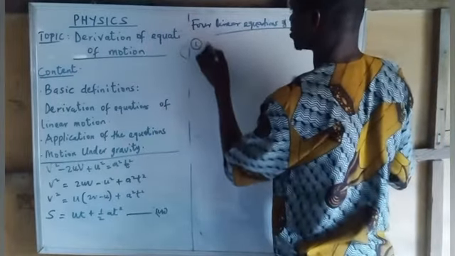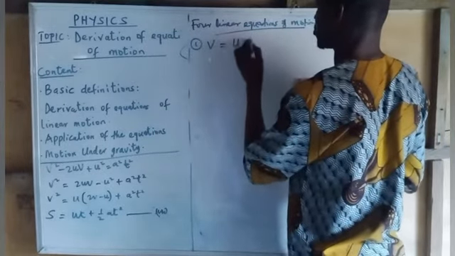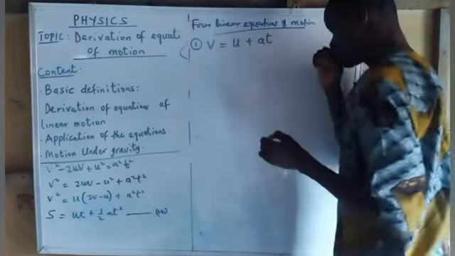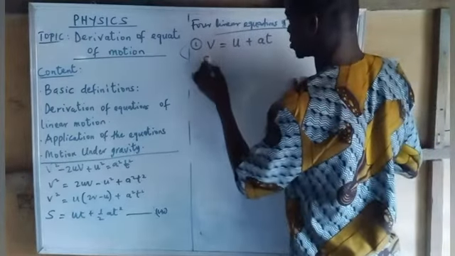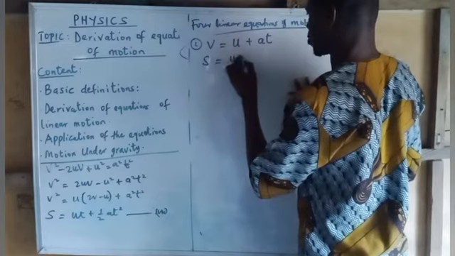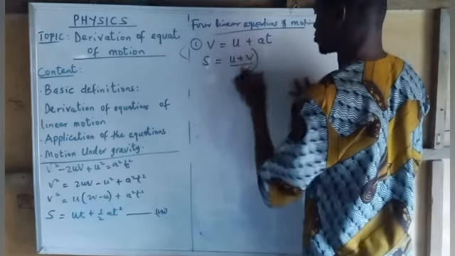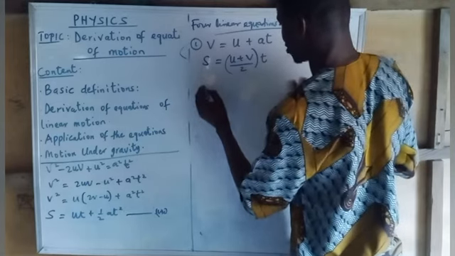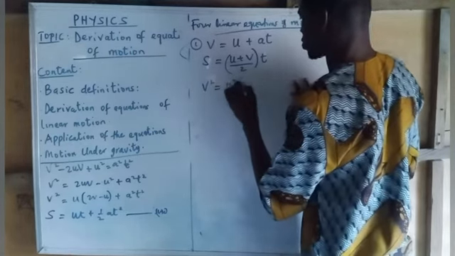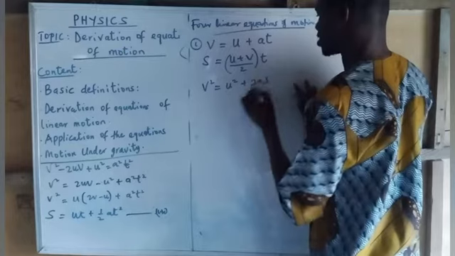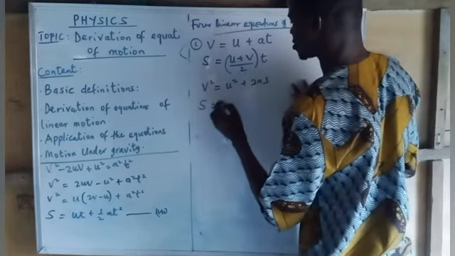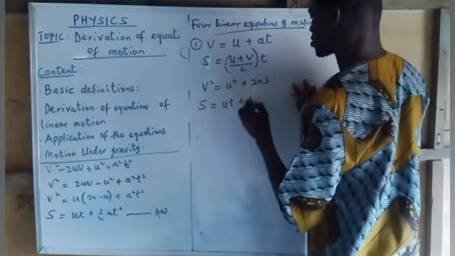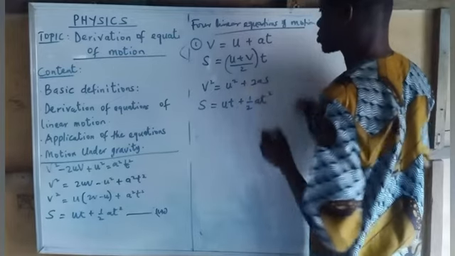The first one is v equals u plus at. Then the second equation is s equals (u plus v) over 2, bracket t. Then the third one is v squared equals u squared plus 2as. And the fourth one, s equals ut plus half at squared.